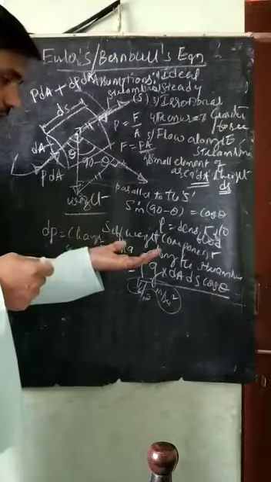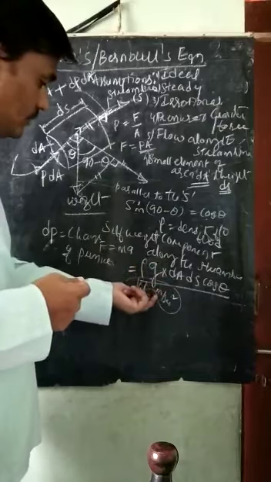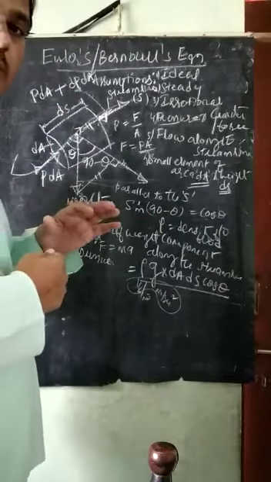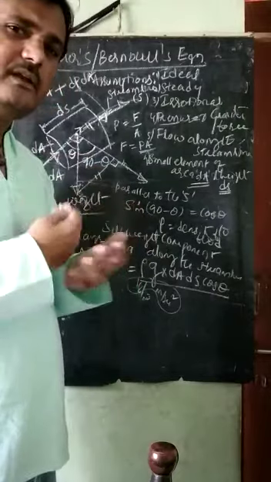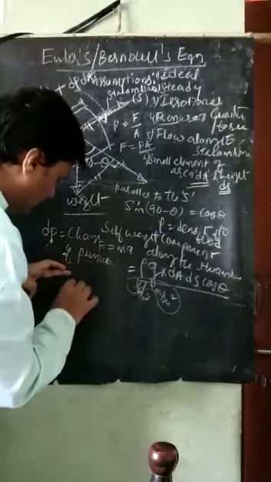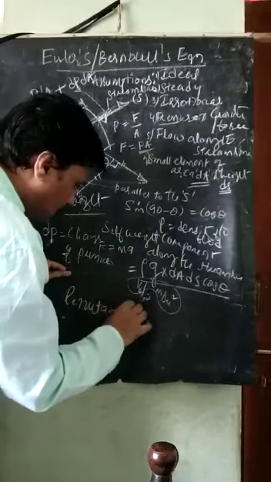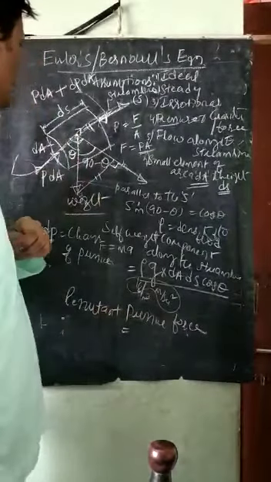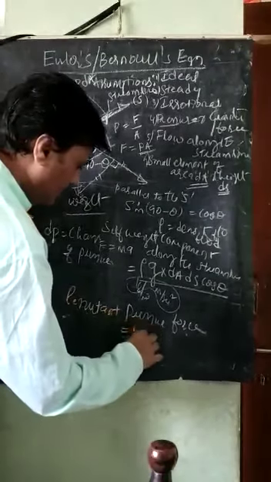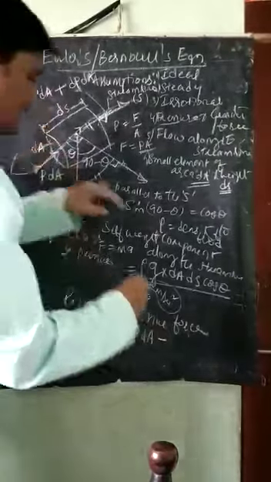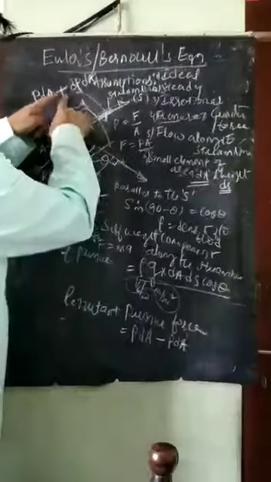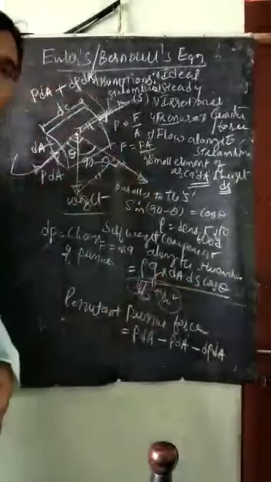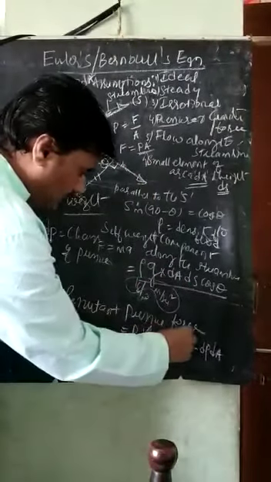As we took the force along the streamline due to the weight as rho g dA ds into cos theta, like that the resultant of this pressure force is obtained by subtracting these two forces, because they are in opposite directions. So the resultant pressure force is equal to P into dA on one face minus P dA minus dP into dA on the other. The positive and negative P dA get cancelled.